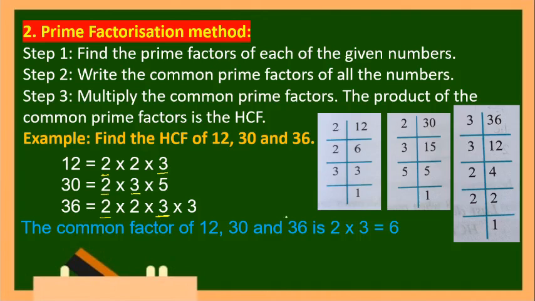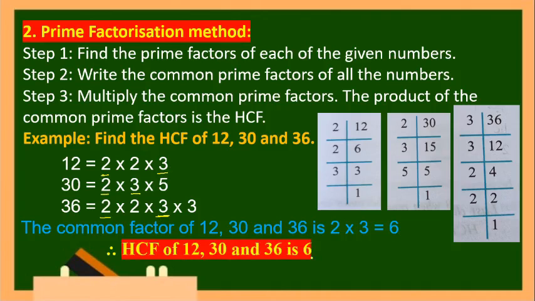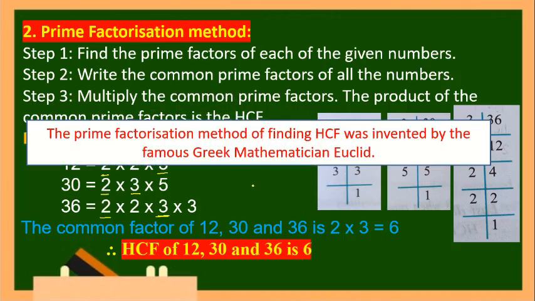Everywhere 2 into 3 is there. So that is nothing but 6. So we can say that HCF of 12, 30 and 36 is 6. This way we should find. This is prime factorization method. Now this prime factorization method of finding HCF was invented by the famous Greek mathematician Euclid. Clear? Okay.